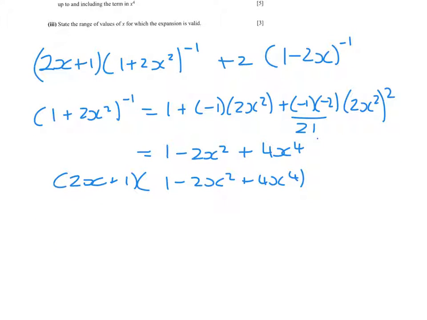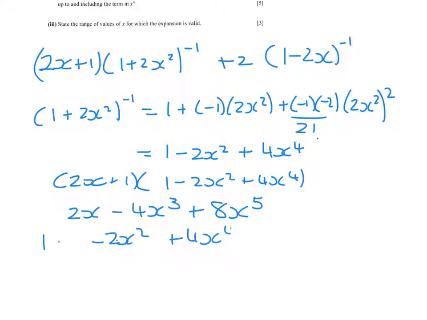If we multiply those together, we get 2x minus 4x cubed plus 8x to the power 5, which we're going to be able to ignore. And then we have 1 minus 2x squared plus 4x to the 4. So our expansion is 1 plus 2x minus 2x squared minus 4x cubed plus 4x to the 4.